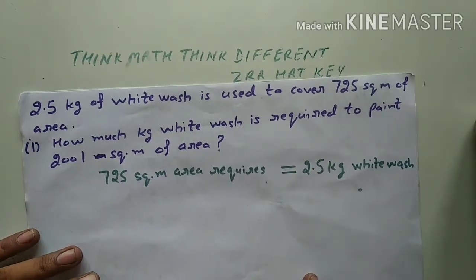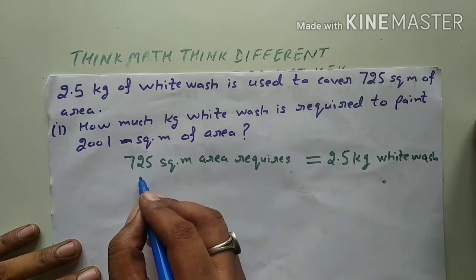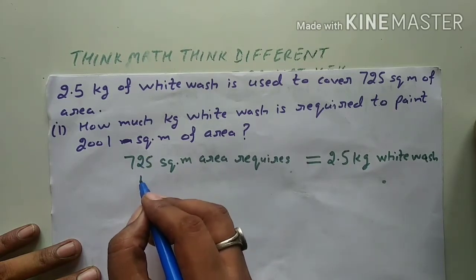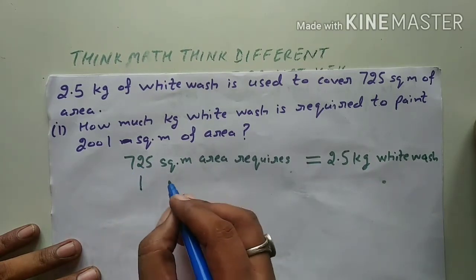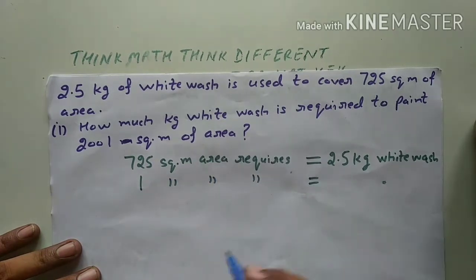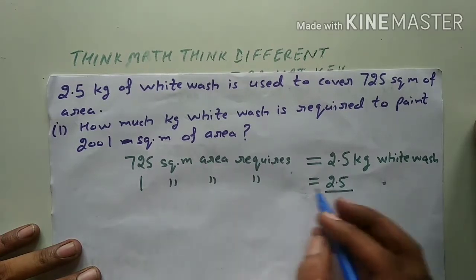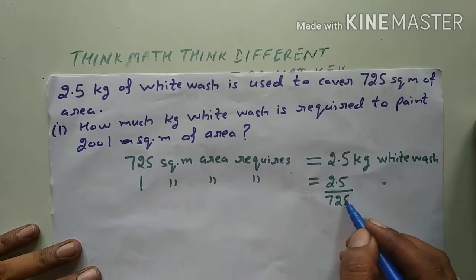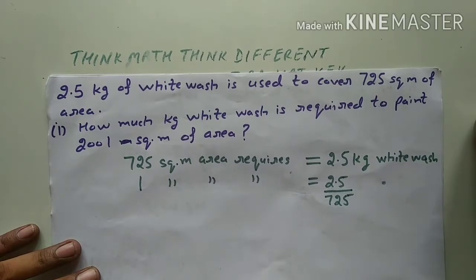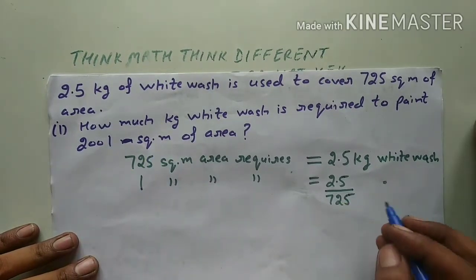Okay student, now after that I will write 1 just below the 725. Now 2.5 divided by 725. Okay, as we know, when we write 1 then we will have to divide.